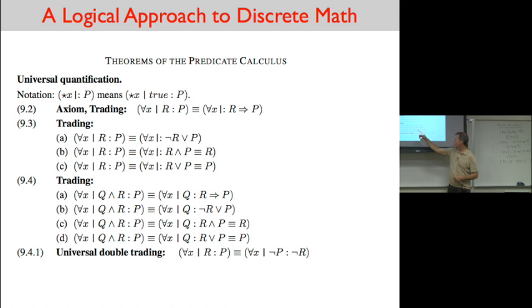So you trade to get this range to the body, then you trade again to get the P back over here. If you do that, you can prove that for all x range R body P, you can switch the R and the P, but they become negatives. So for all x range R body P is equivalent to for all x range not P body not R.